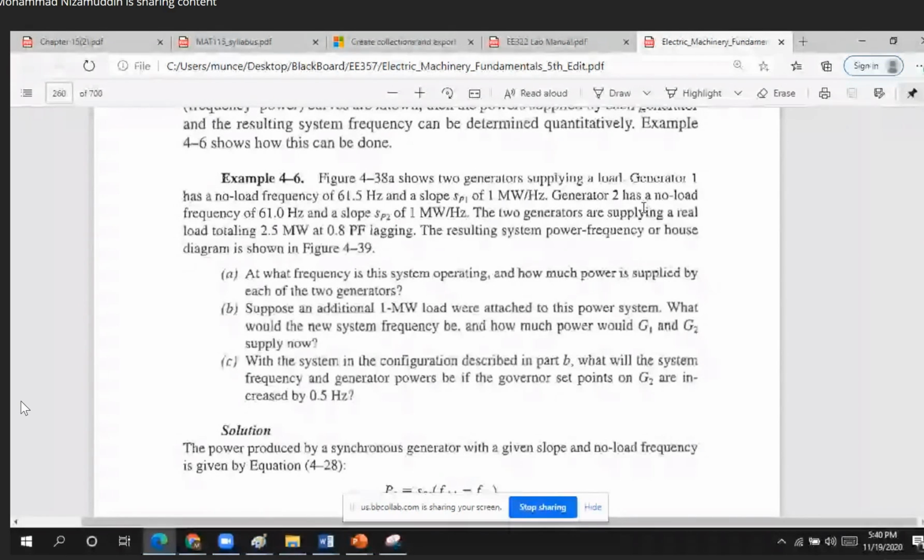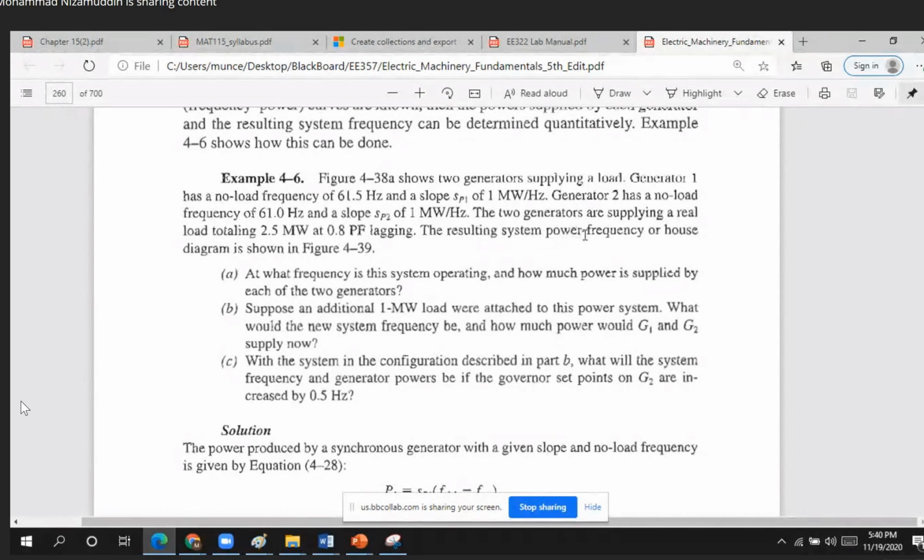Generator 2 has a no-load frequency of 61.0 and the same slope. It can be a different slope also. The two generators are supplying a real load totaling 2.5 megawatts at 0.8 power factor lagging. Remember, this is already in watts, so the 0.8 power factor lagging is not important here.